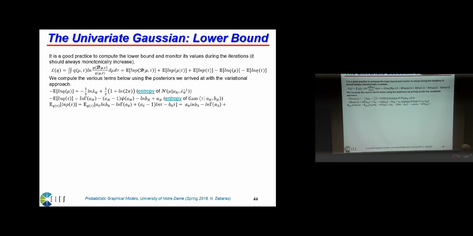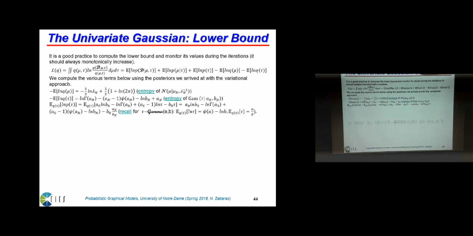This comes from, you remember the gamma distribution is tau to alpha 0 minus 1, times e to the minus beta 0 tau, something like that, okay?